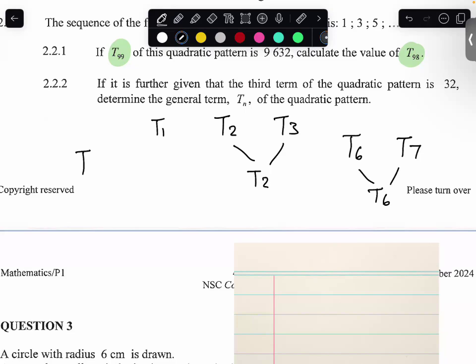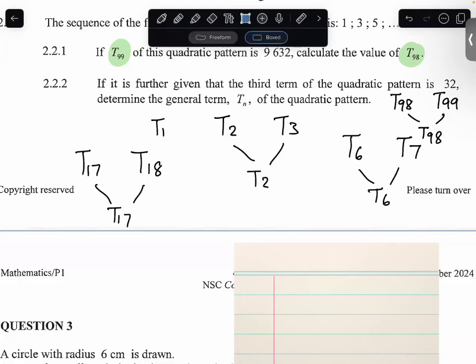Between T17 and T18 of the quadratic lies T17 of the arithmetic. So between T98 and T99 of the quadratic lies T98 of the arithmetic. Right? I hope this theory makes sense.